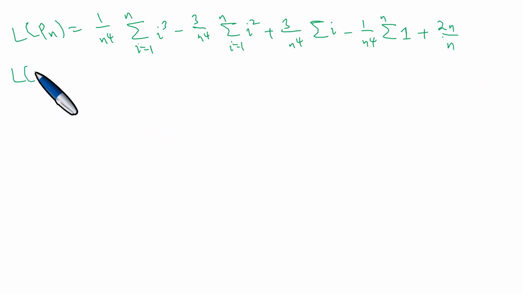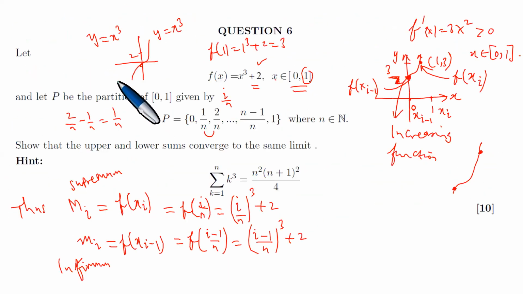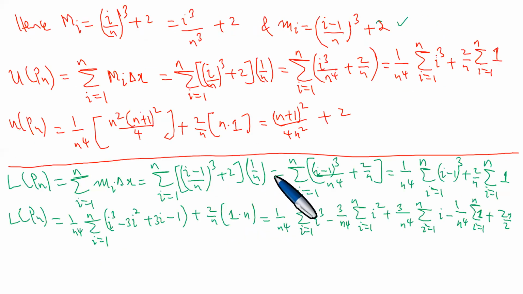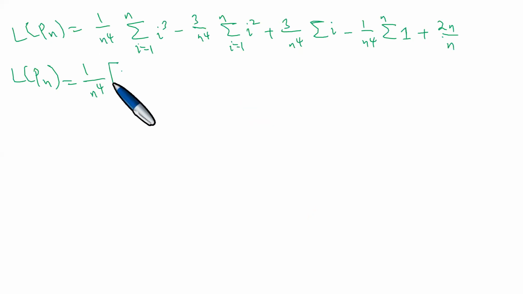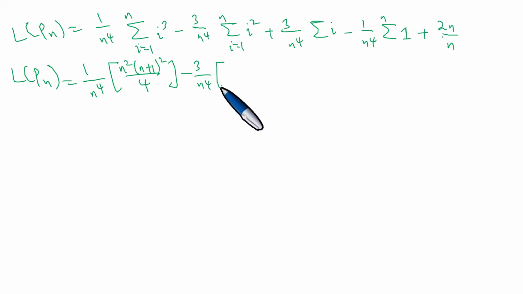Let's look at a couple of things here. 1 over n to the fourth power. The sum of the cubes was given here: n squared into n plus 1 squared over 4. So that one we just write down. The sum of the squares, what is the sum of the squares?